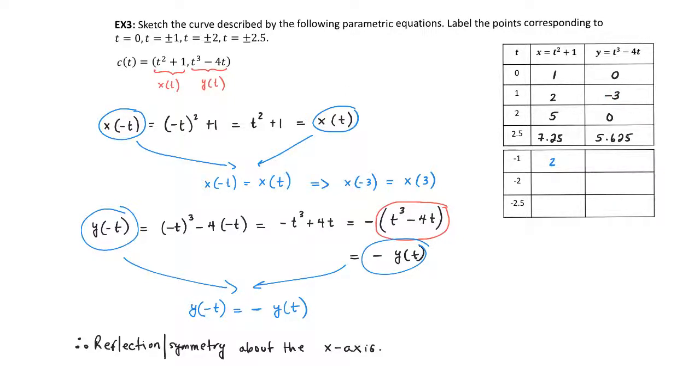So then that's going to be positive 3. Then negative 2, x will stay the same, and 0 won't change because negative 0 is 0. And then for negative 2.5, 7.25 will remain being the x value, but the y value will be negative 5.625. And then in the next discussion, I'm going to go ahead pretty much and start plotting these points.